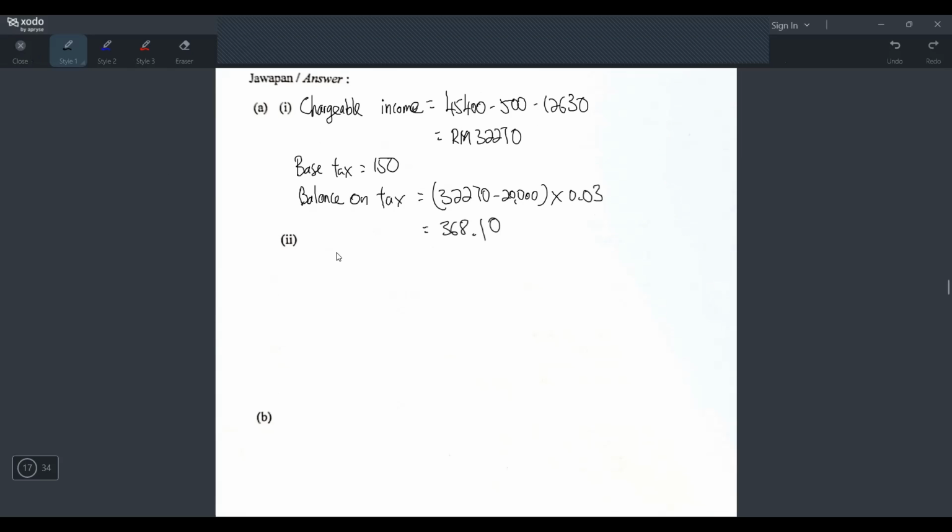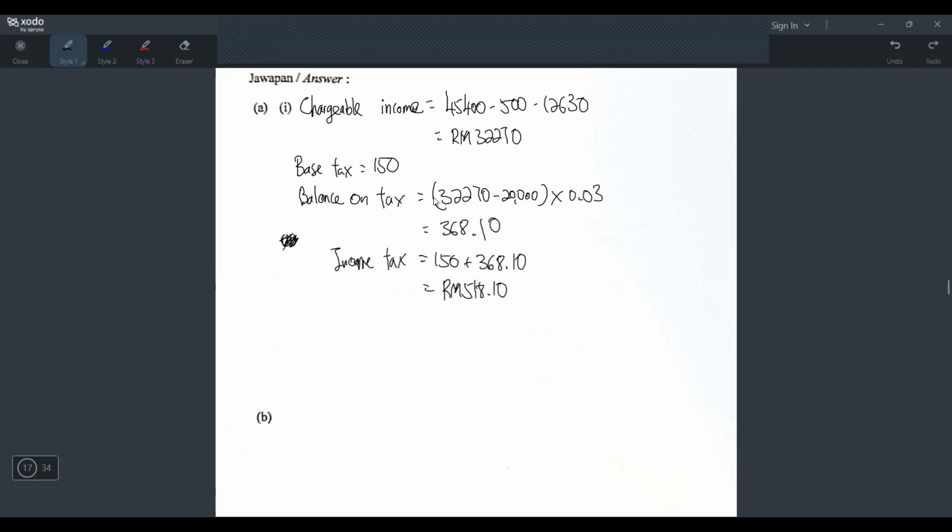So now you can find your income tax. What is your income tax? Just take this value plus together, 150 plus 368.10. So you plus this, you will get your cukai pendapatan. So plus 150, 518.10. So what is your income tax? RM 518.10.